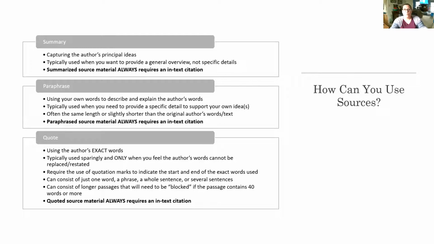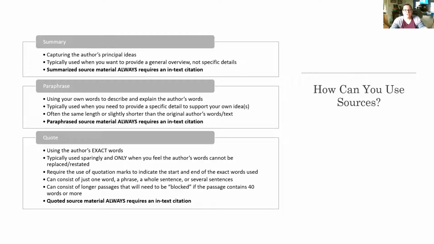We typically want to use direct quotes sparingly, and that might be news to you. Many students are under the impression that when you're doing a research paper, you should be including numerous direct quotes, that that's sort of the best way to incorporate source material, and it's actually not.